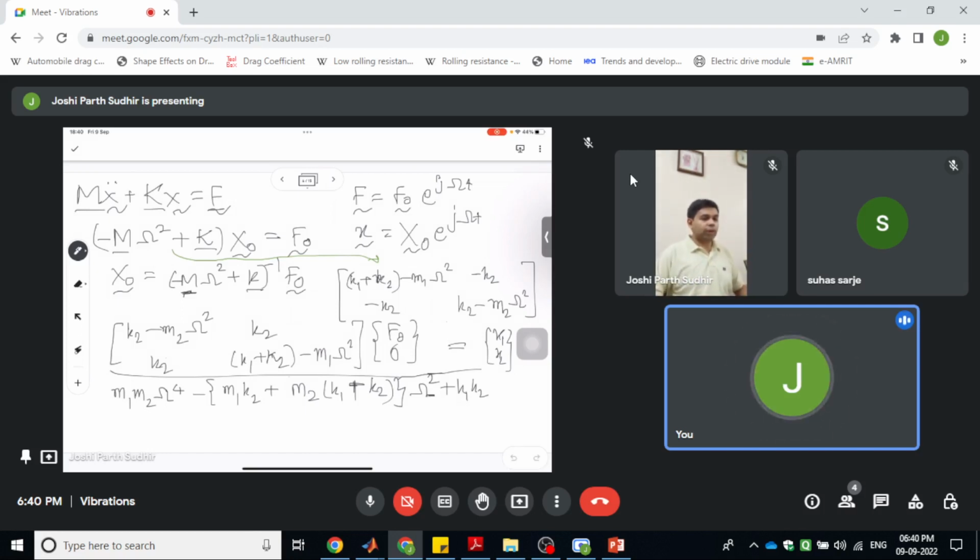We have also been given that our natural frequency should be 15% away from the original natural frequency. So omega should be either 0.85 times omega 1 or omega 2, whatever, because they are equal, for it to be 15% away.